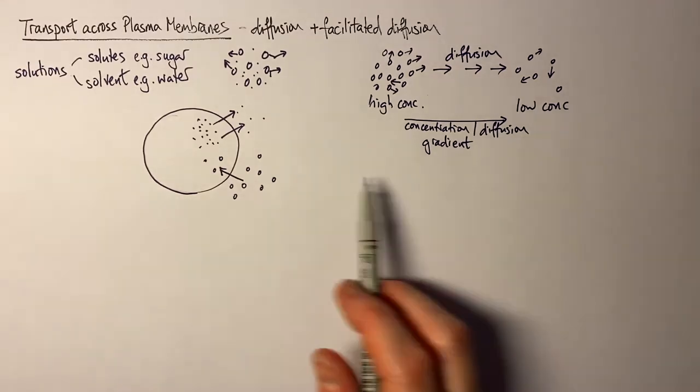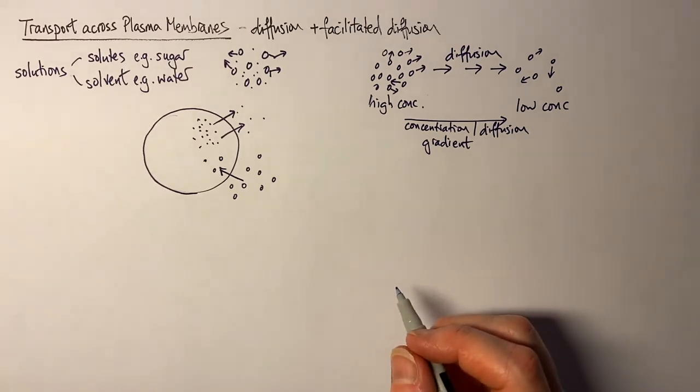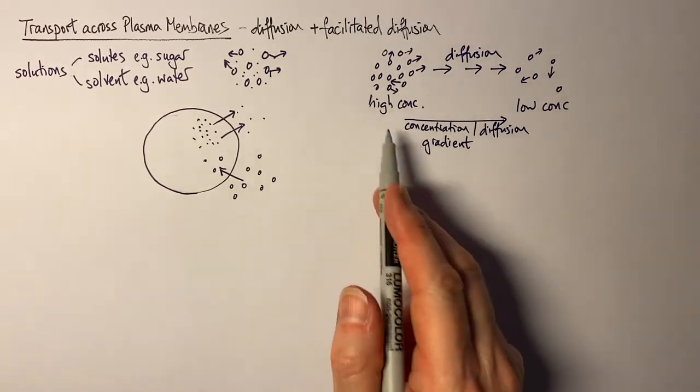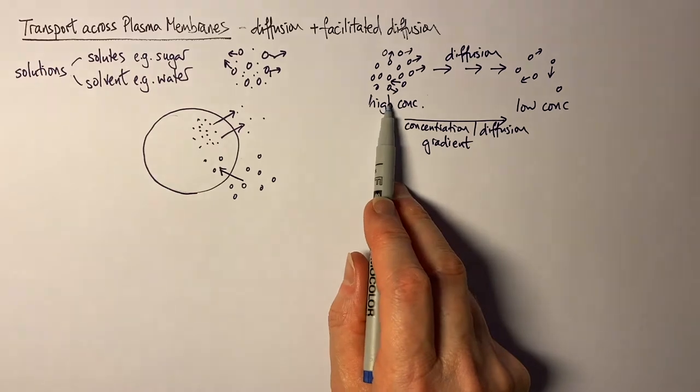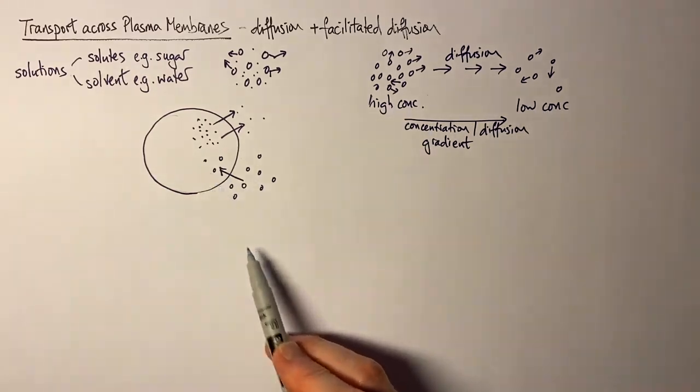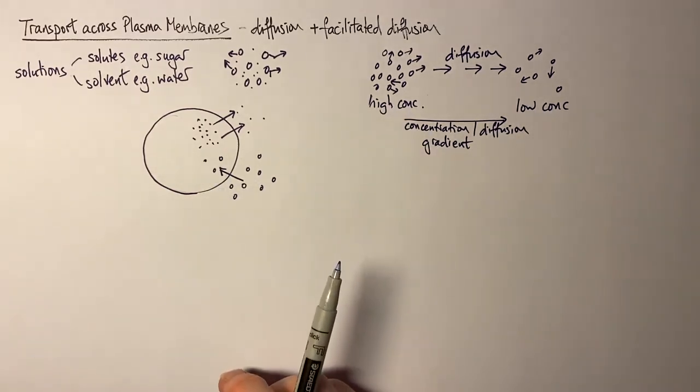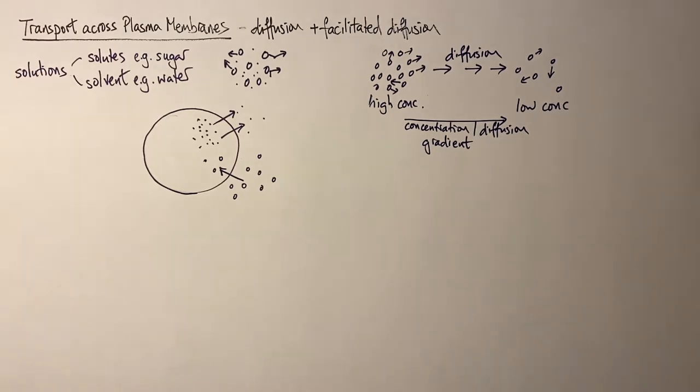And diffusion takes place until both sides, either here and here or there and there, have the same concentration. So when both sides have the same concentration, then diffusion will stop.